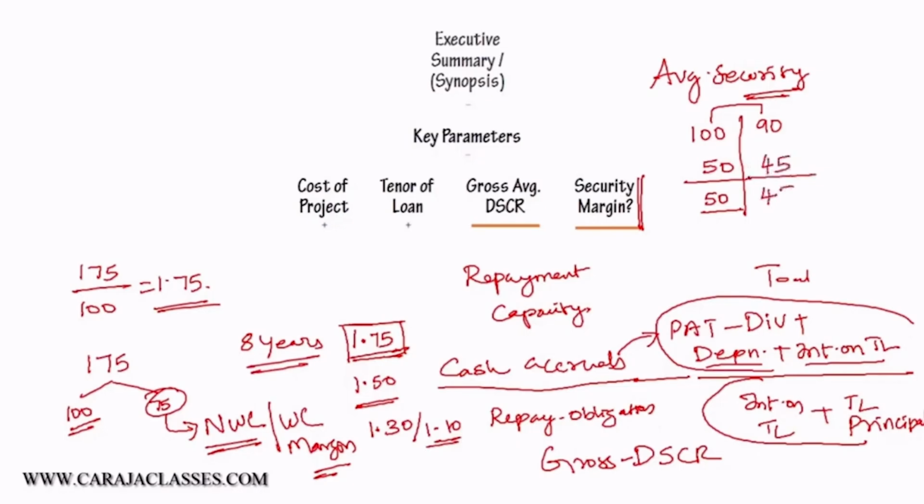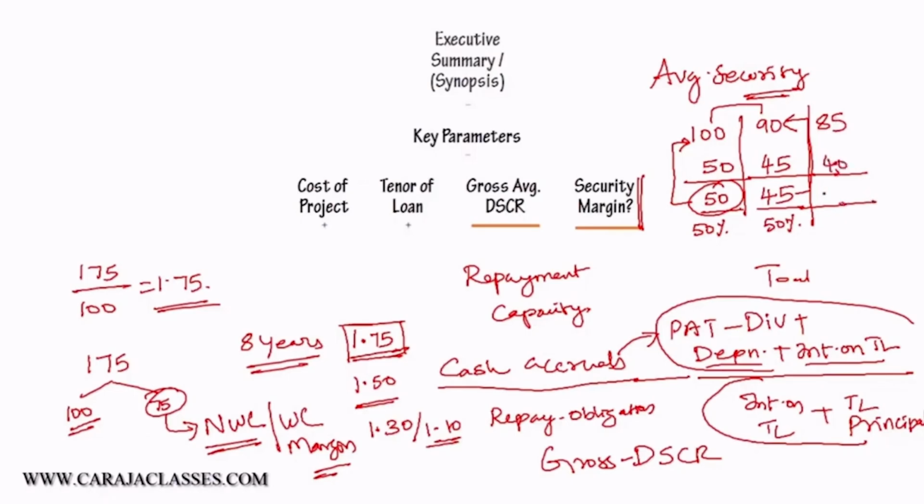So what is the security margin you have now? 45. This is the security margin I had: 50 on 100. If I express it in percentage, the security margin is 50%. Here, 45 on 90. Luckily here also we are getting the same. 45 on 90, the security margin is 50%. Let's say the third year: this is becoming 85 and this is becoming 40.